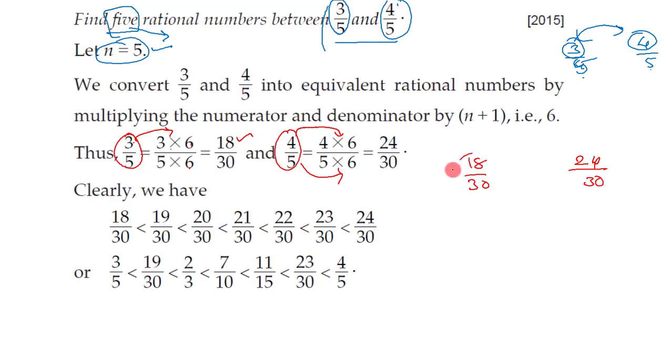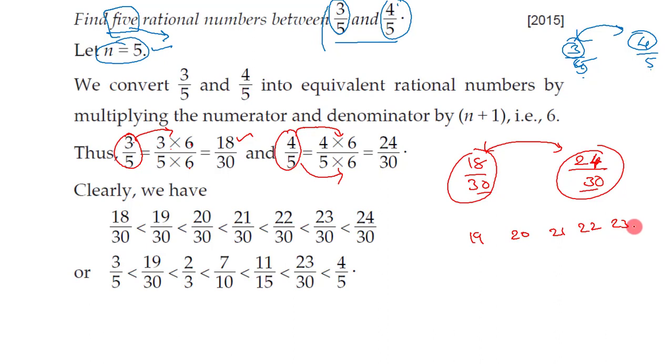Again, these two rational numbers are equivalent to the given rational numbers, and they have the same denominator. But in this case, if you observe the numerators 18 and 24, do we have any natural numbers between 18 and 24? Yes, we have: 19, 20, 21, 22, 23.